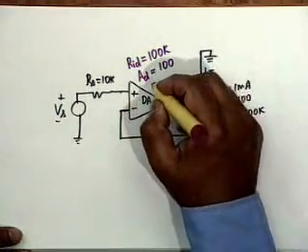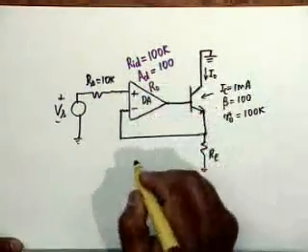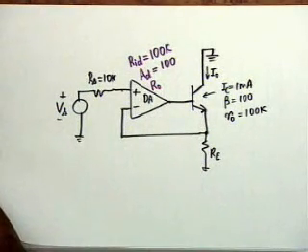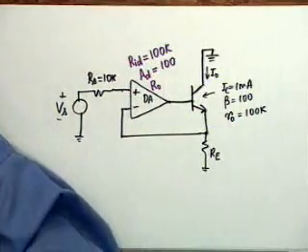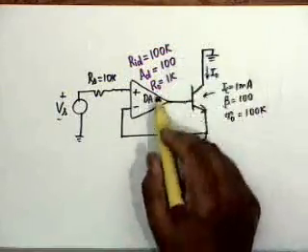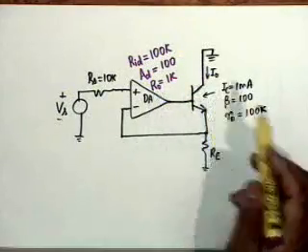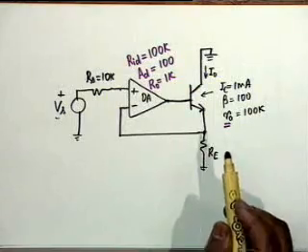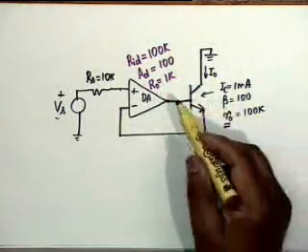And the output resistance, capital R0, is given as 1K. Don't confuse this with the output resistance. Since I have already used small r0 here, I had no other option. I used a capital R0 of 1K.